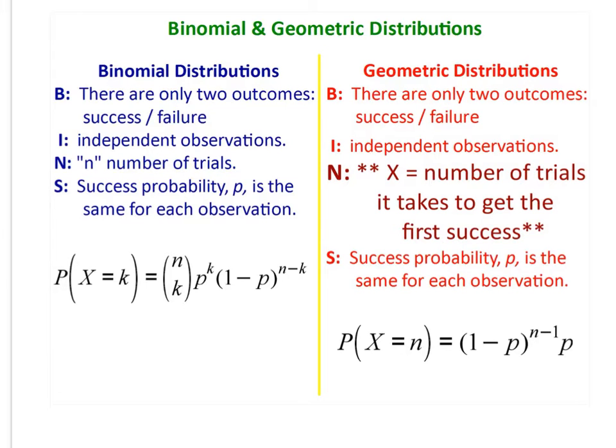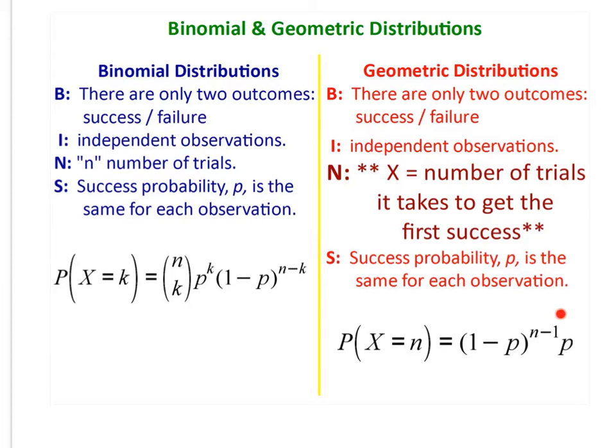So this is the big difference for geometric distributions. We're looking at the probability it takes n trials until I get my first success. And the probability of success for each trial is the same.